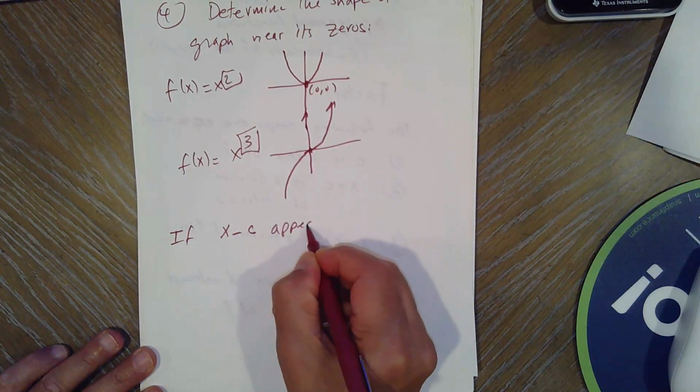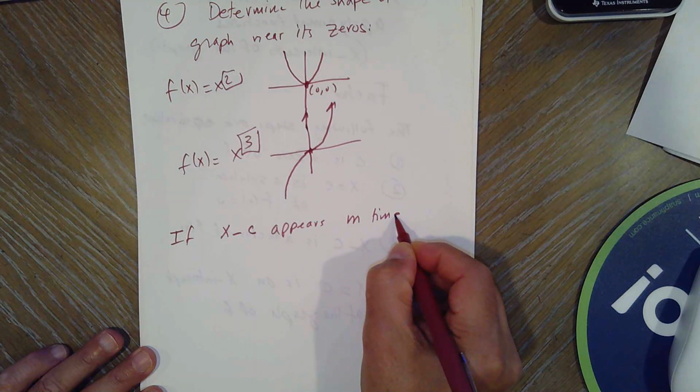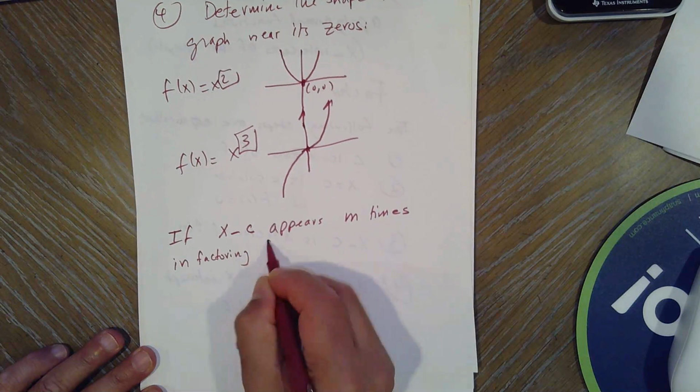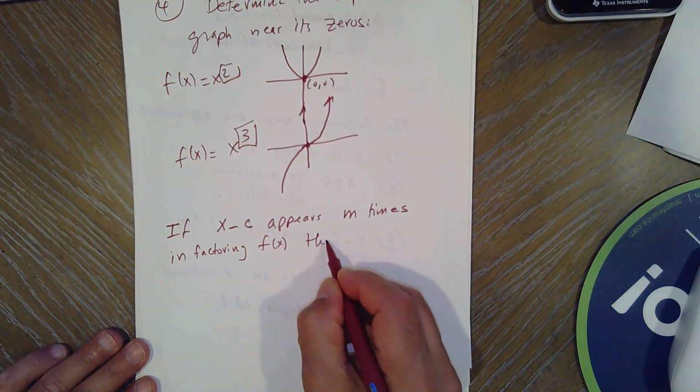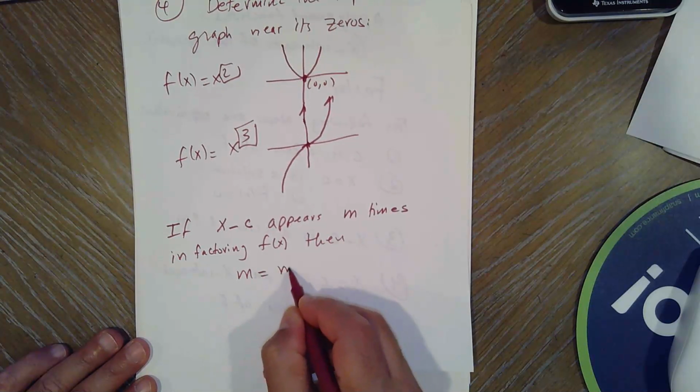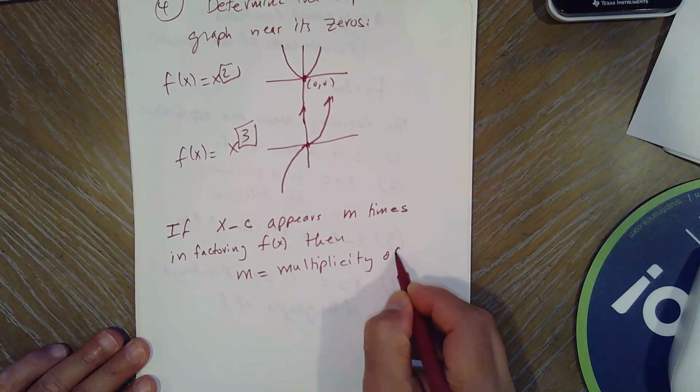appears m times, where m is a counting number, in the factoring of f of x, then m is called the multiplicity of c in that factoring.